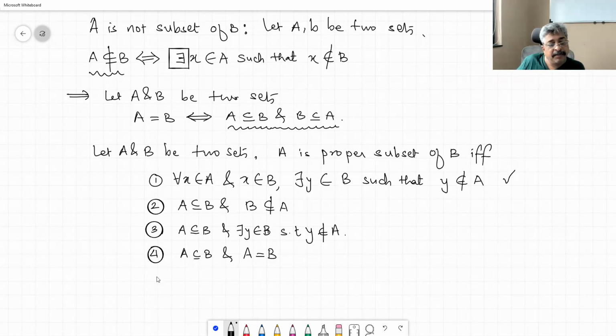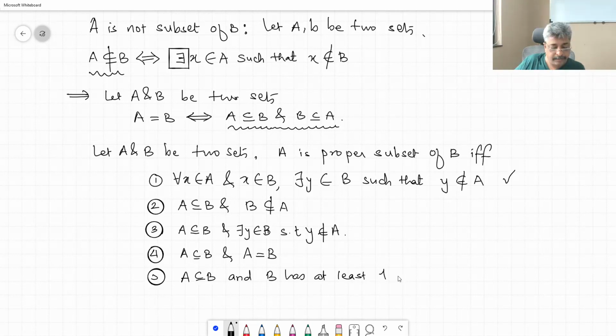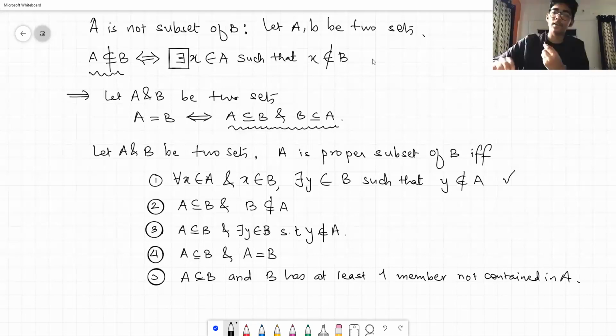And maybe we can say fifth in English, A is a subset of B and B has at least one element, one member, not contained in A. Yes sir, and fourth.